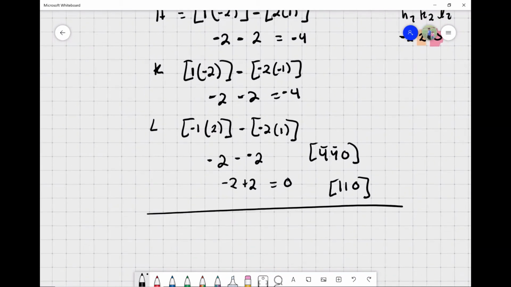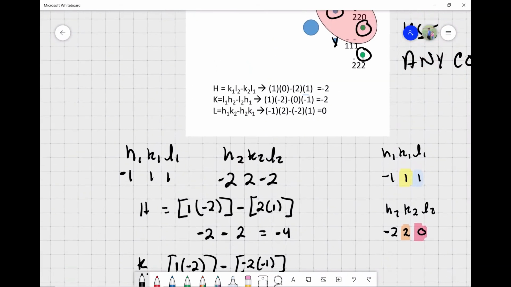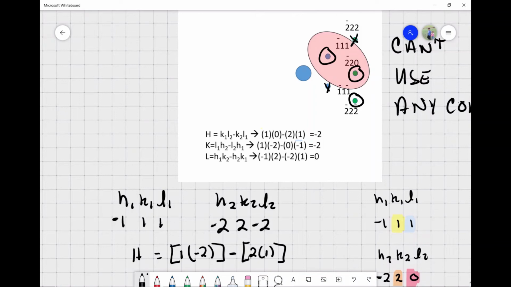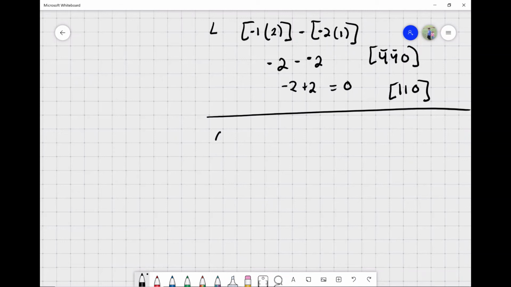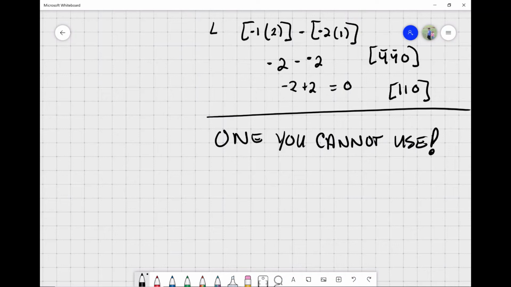So now let's take a look at one of the ones I said we can't use. So we can pick negative 1, 1, 1 again. Let's do the next order diffraction. So negative 2, 2, 2. Okay, so this is one you cannot use.